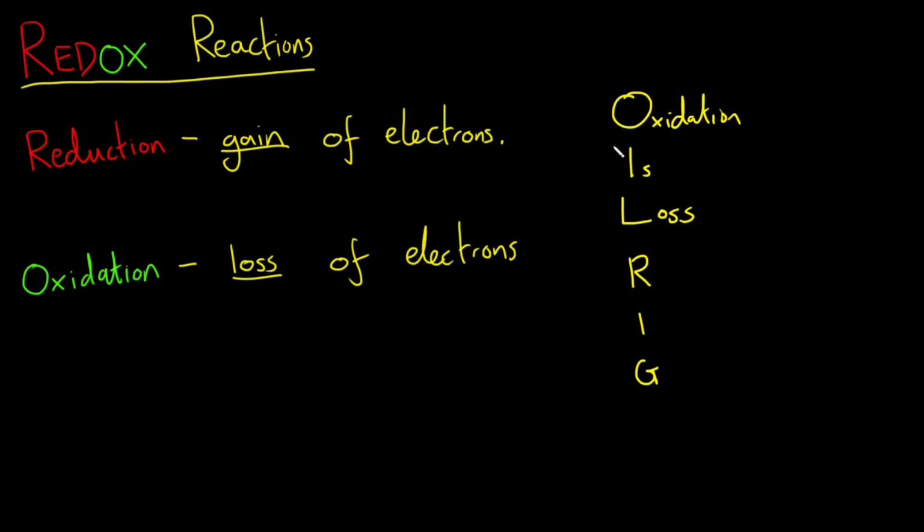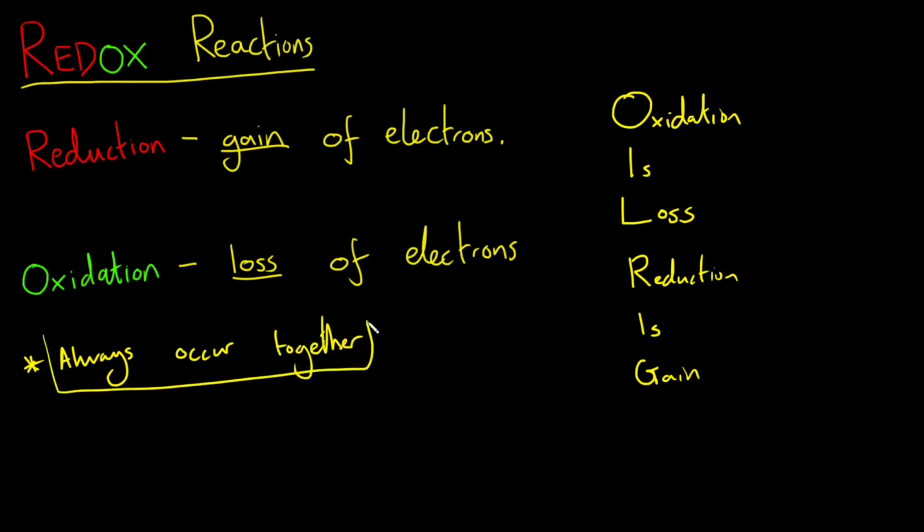So OIL RIG, the first part, OIL, oxidation is the loss of electrons, where reduction, the RIG part, well, that is the gain of electrons. Now, if we remember OIL RIG, we should remember these two reactions. And as I've said, these two reactions always occur together. If you have an oxidation reaction, you also have a reduction reaction.